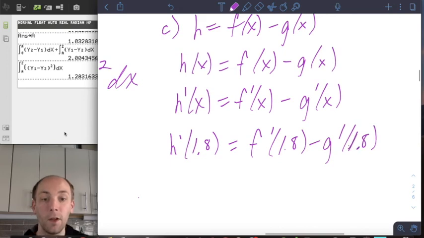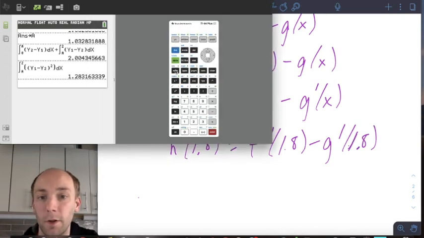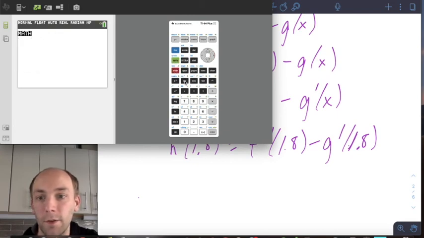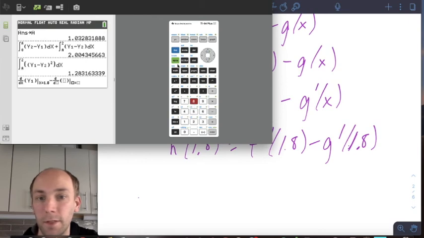Okay? So on our calculators, we're going to go math 8. That's how you get to the derivative. d over dx of y1 evaluated at 1.8, minus the derivative again, d over dx of g, so y2 at 1.8.